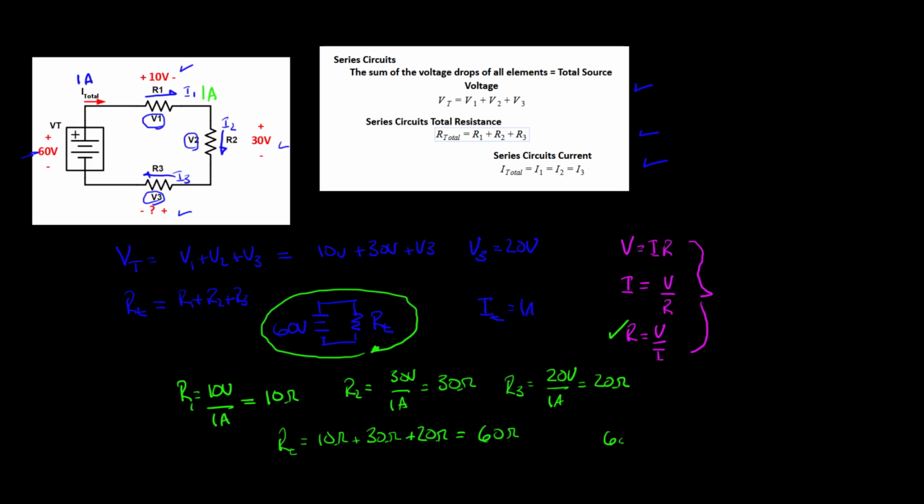If I redrew that model, I'd have 60 volts as my source going through a 60 ohm resistor, R total, and that would create a current of voltage divided by resistance, V total over R total. That's 60 volts divided by 60 ohms, or 1 amp. So now I've used my equivalent circuit to verify what my current was calculated at originally, and I've solved the circuit.